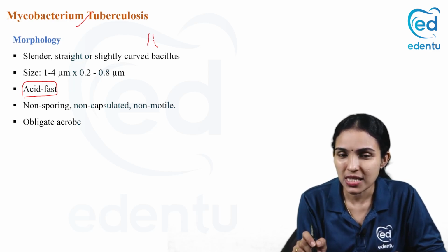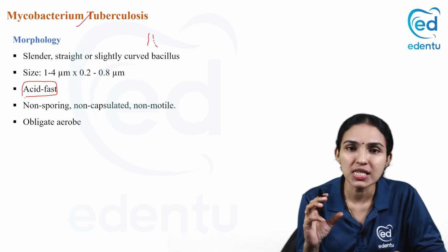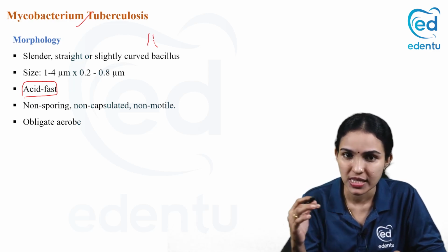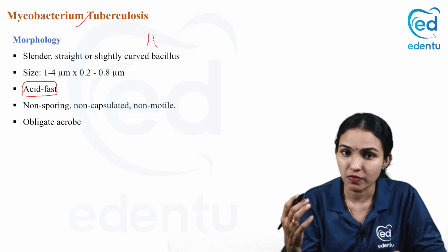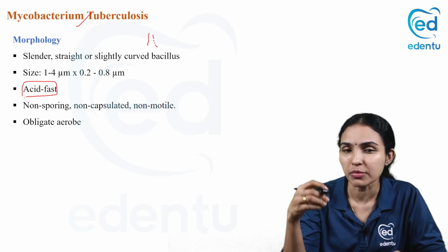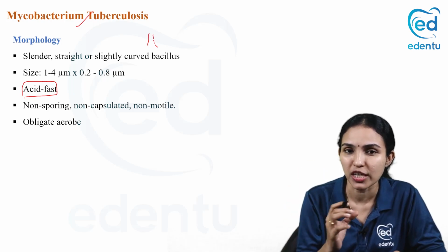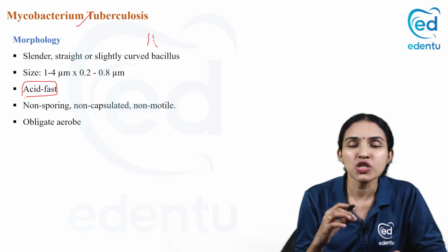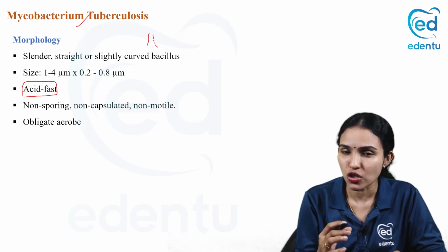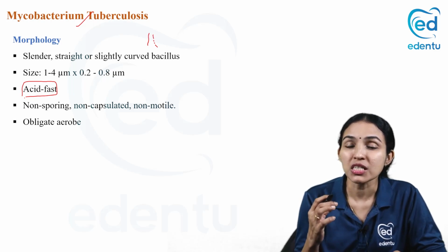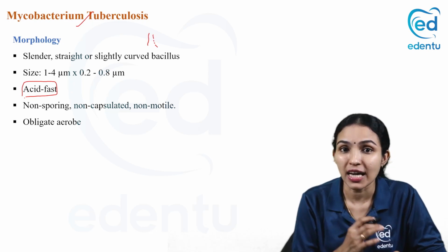Acid fast means this organism's cell wall has a certain peculiarity, which we'll see in the next slide. Because of that, it is resistant to most of the stains. Most stains are not able to penetrate the cell wall of Mycobacterium, so we need a very strong stain. Once you stain with a strong stain, it is resistant to acid and alcohol.